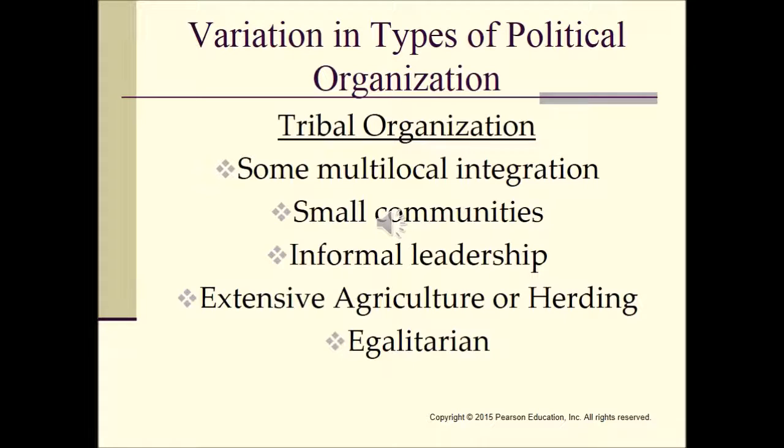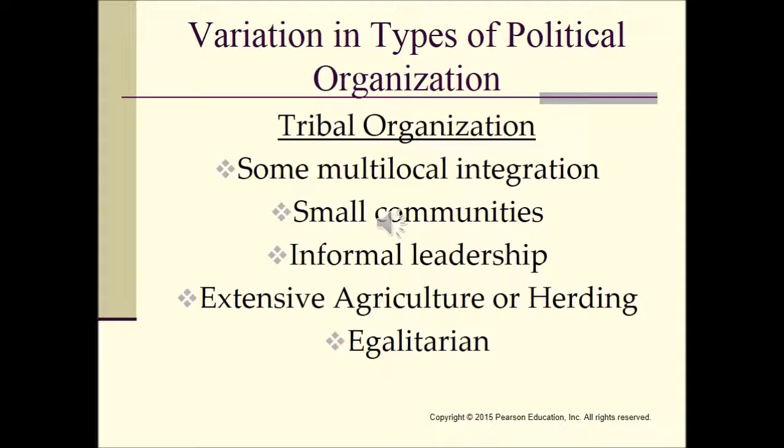Okay, for tribal type organization, the population sizes are growing as we go through each of these. Tribal organizations tend to be a little more populated and probably a little more sedentary, which means staying in one place, than band societies, but they're still relatively small.